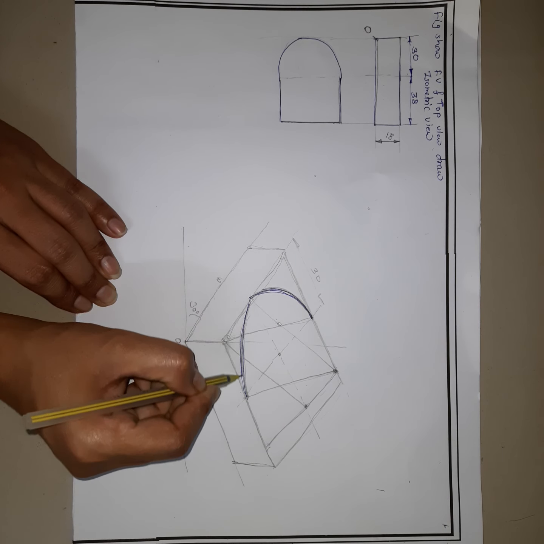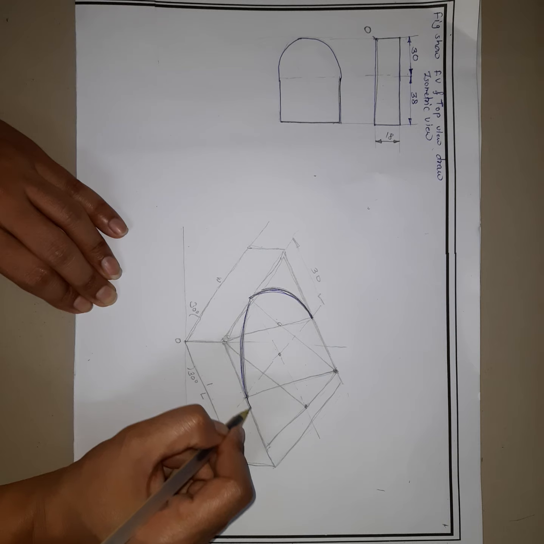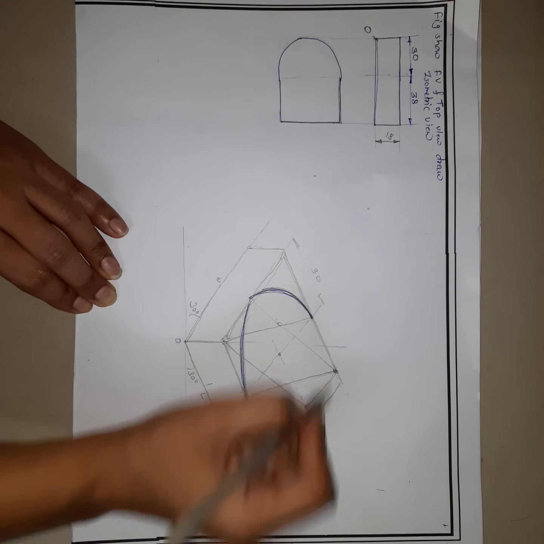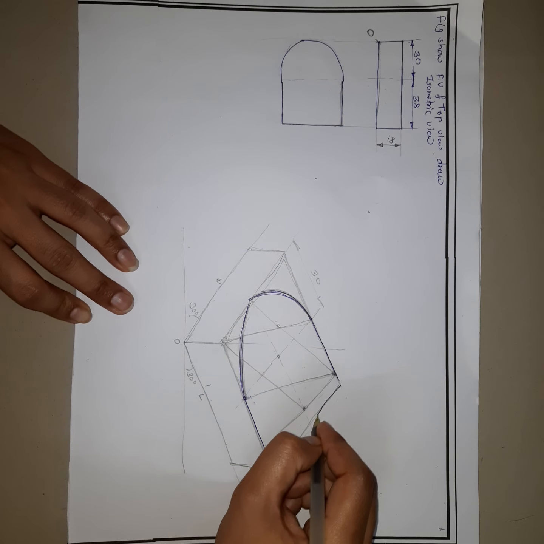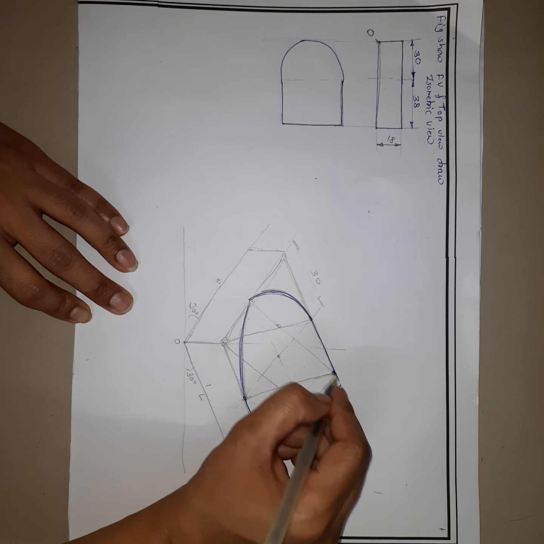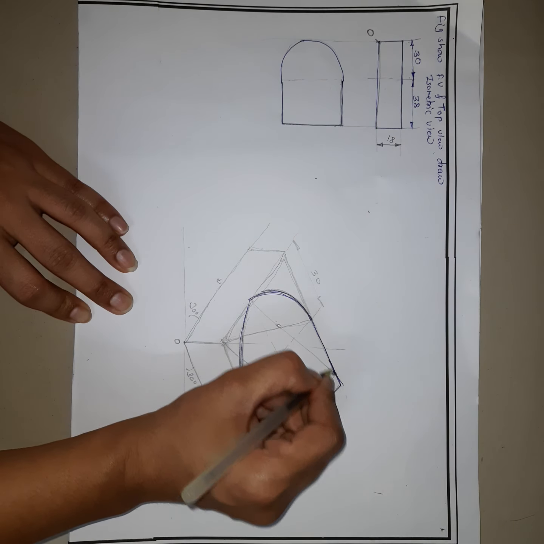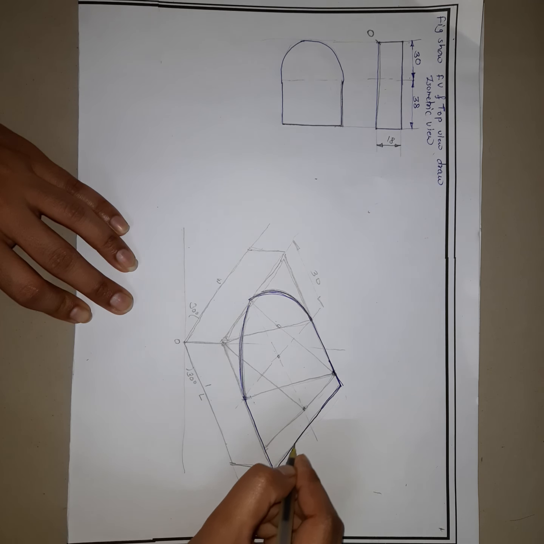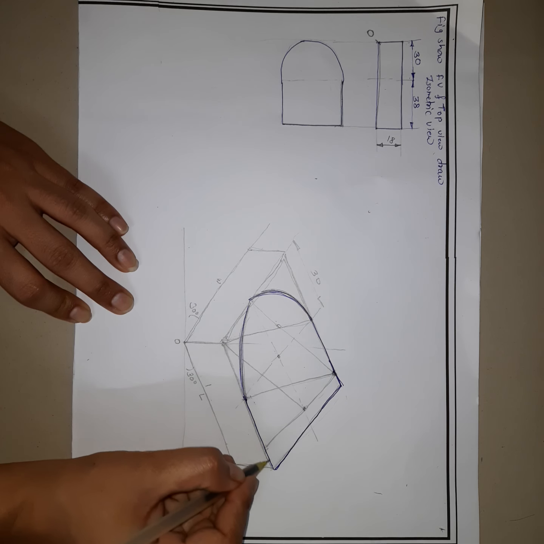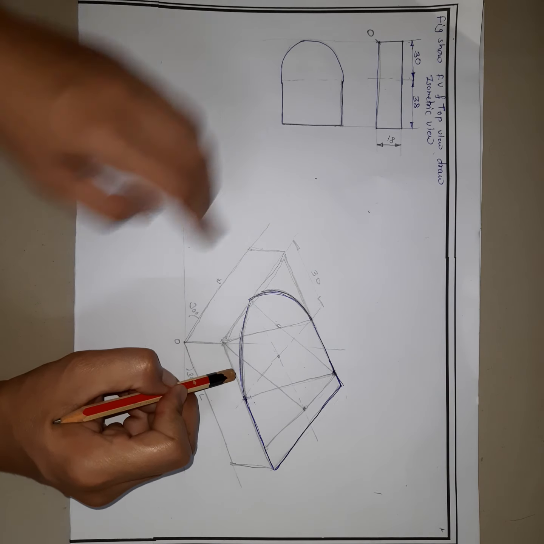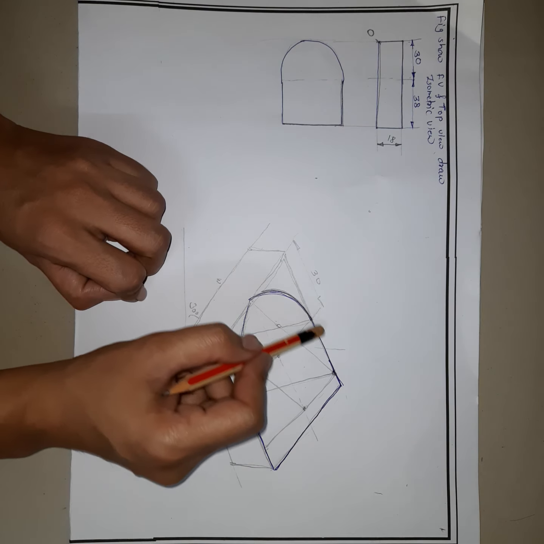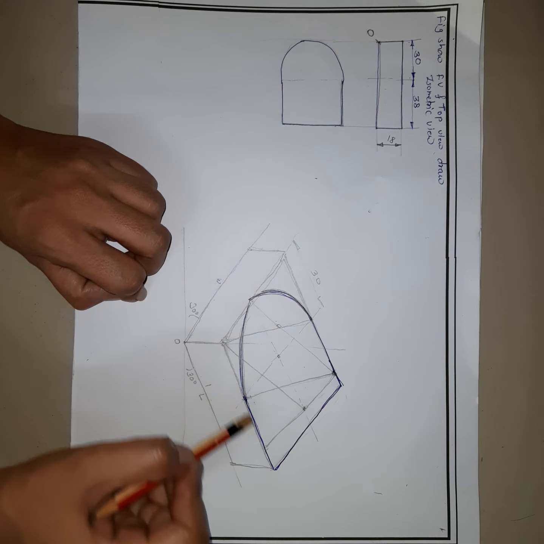This is our upper surface of this object, right? Now see, this is the upper edge of this object.